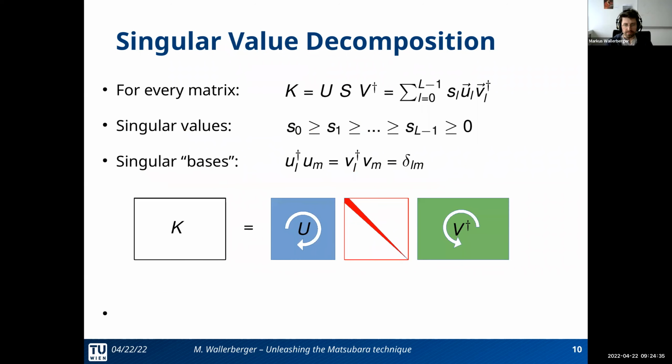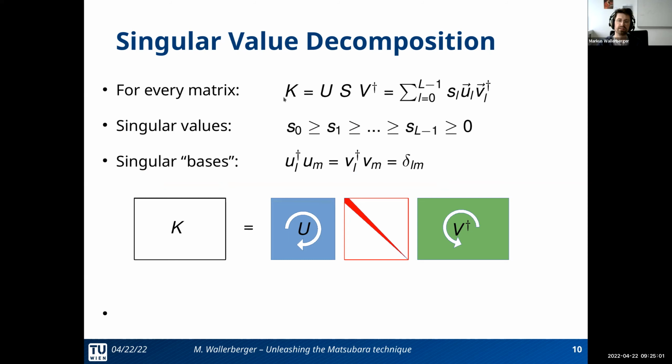And there I want to introduce you to a decomposition which you may not know. You probably are aware of an eigen decomposition, where you have your square matrix and you get your eigenvalues and eigenvectors. But it turns out there is a generalization of this to arbitrarily sized matrices. It is called the singular value decomposition.